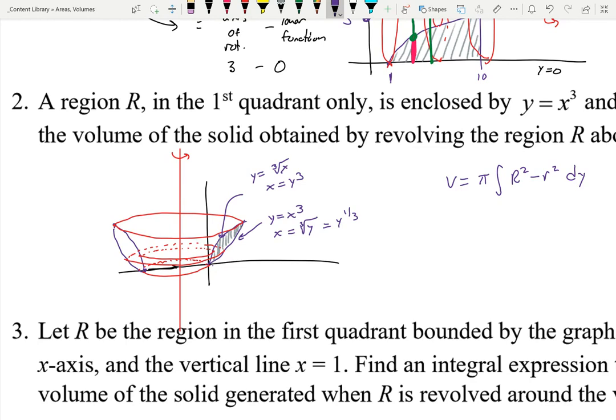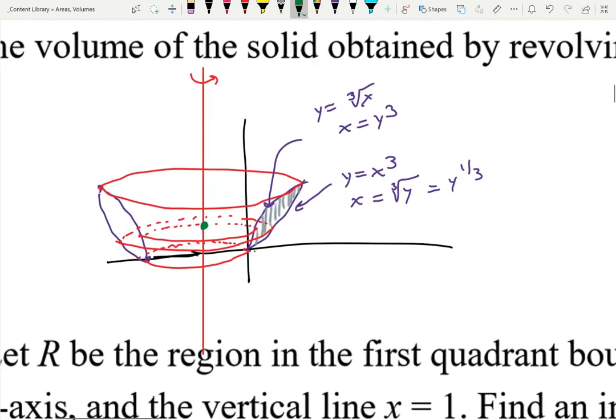Now that's important because when I go to find my inner and my outer radius, I start at the axis of rotation, I head toward the region, and the very first thing I hit is the function y cubed. So that tells me that my inner radius is not going to be given by y cubed because, once again, y cubed is actually this length right here.